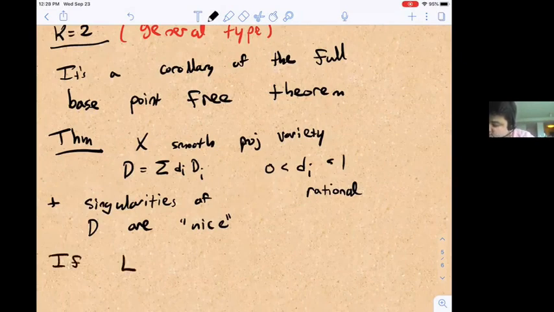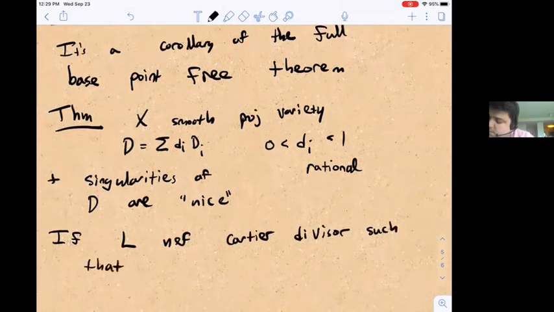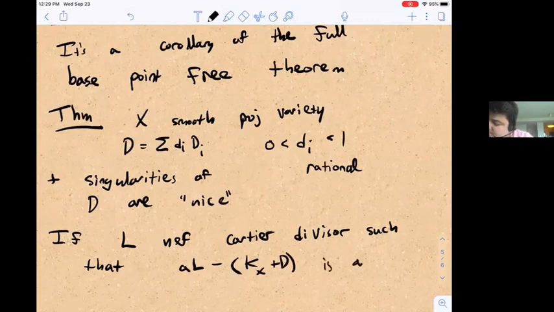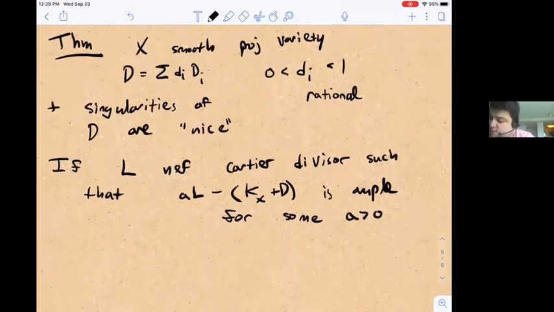Then if L is some nef Cartier divisor, such that the difference aL minus (Kx plus D) is ample for some a, then L is base-point free. Or L is semi-ample, I guess.